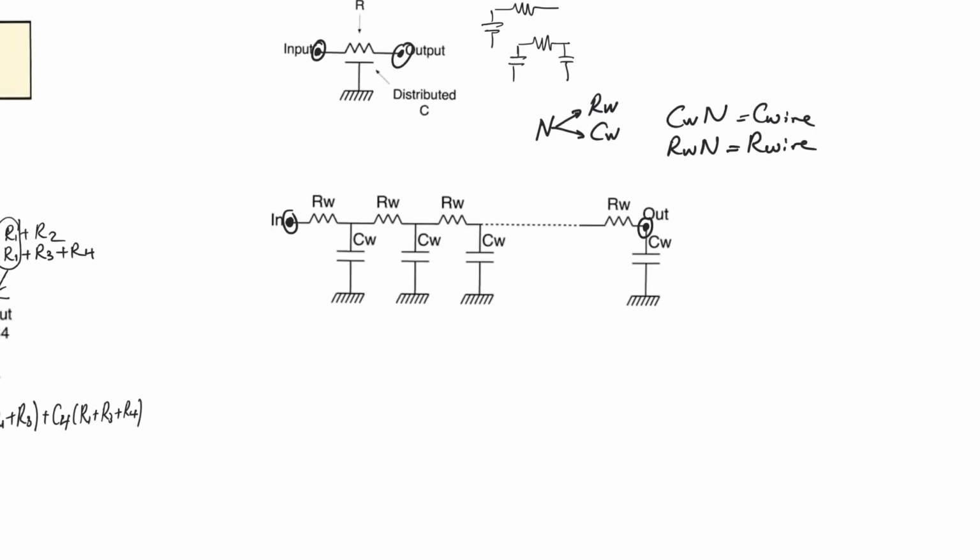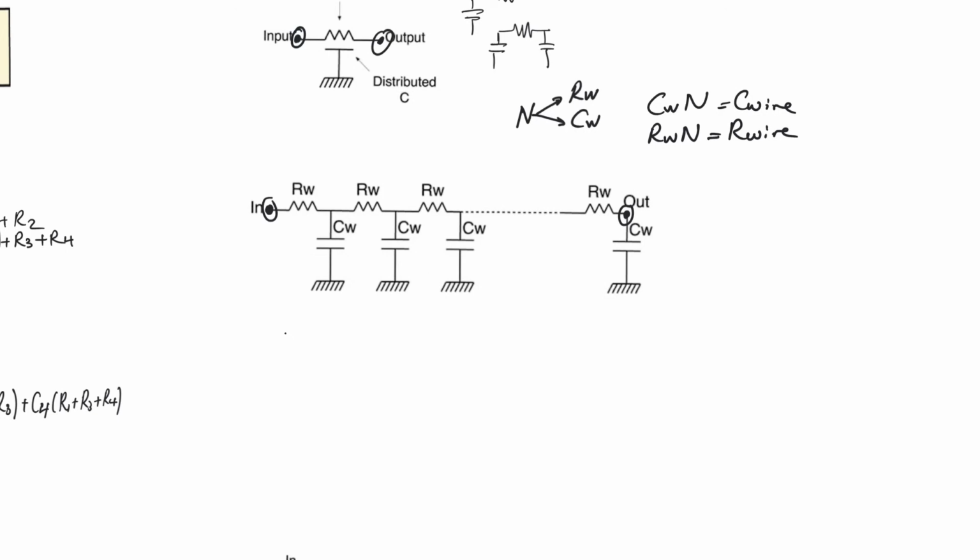And so I'm going to calculate the Elmore time constant, and tau is going to be, I'm going to look at the first capacitance, Cw, and I'm going to multiply by the resistance in common, which is Rw. And then plus Cw, and I'm going to multiply by Rw plus Rw, so 2Rw.